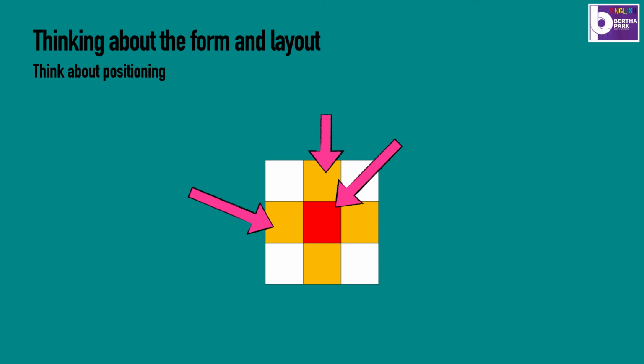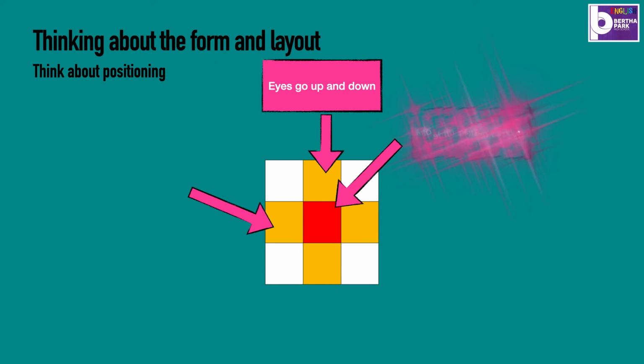If you think about a grid like this, the grid in the middle, the red grid, would be where the main image should be. Okay, it's where the advertisers want you to look first. Okay, and then if they were to put the image maybe on the yellow boxes that are above and below, that's probably because they want your eyes to go up and down.